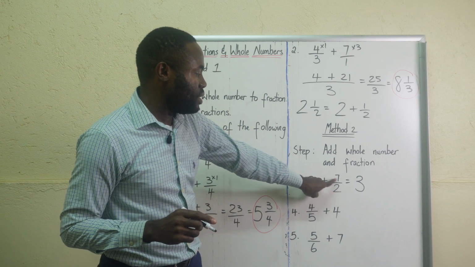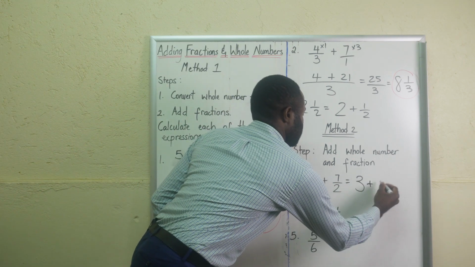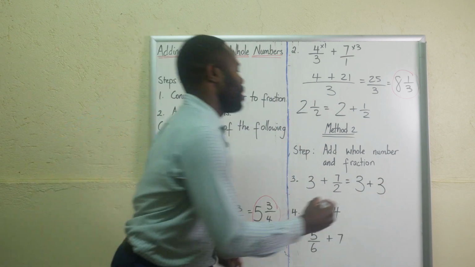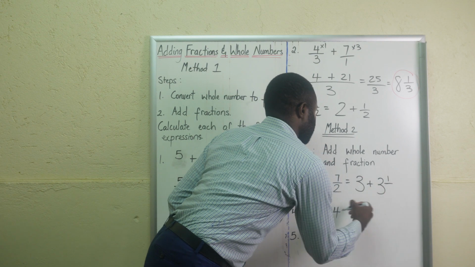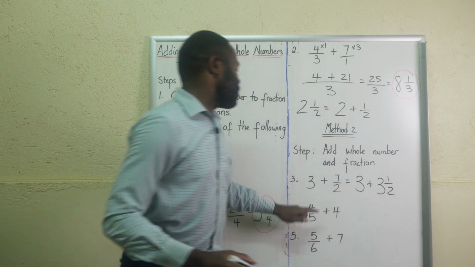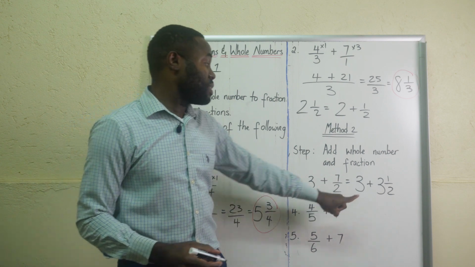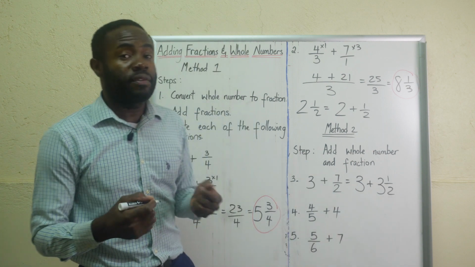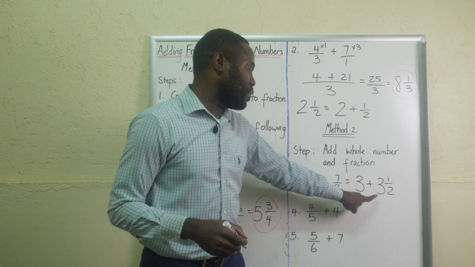So it's 2 into 7. That goes 3 times. And that would leave us with a remainder of 1. And then we're going to put back the 2 right there. So the question can be rewritten as 3 plus 3 1/2. When we have it like that now, we can simply add our whole numbers.